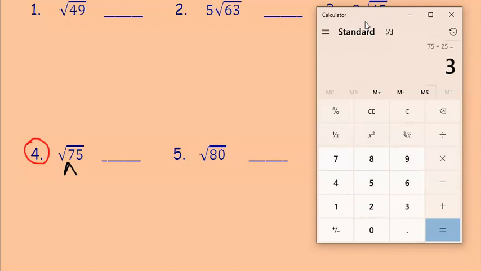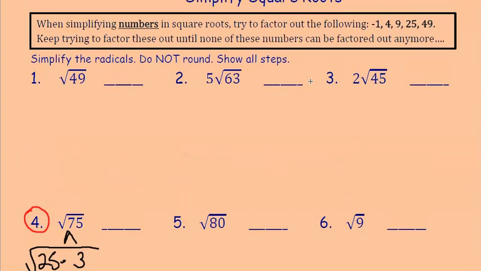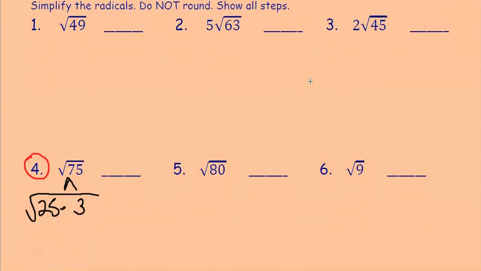That gives you an integer. This is what we want. So 75 is 3 times 25. Remember, the numbers that you're trying to divide out are at the top. So we have the square root of 25 times the square root of 3. So our simplified expression is 5 square root 3.